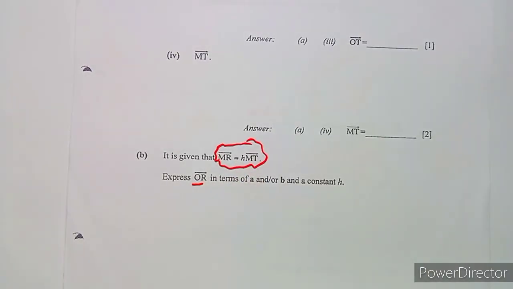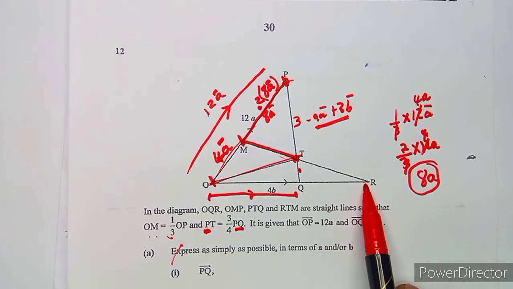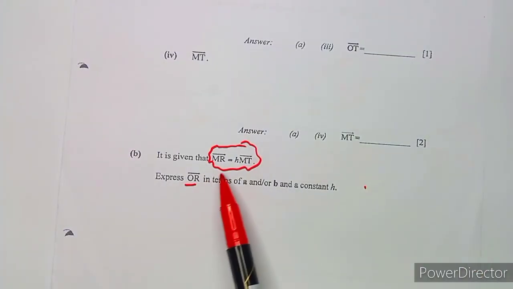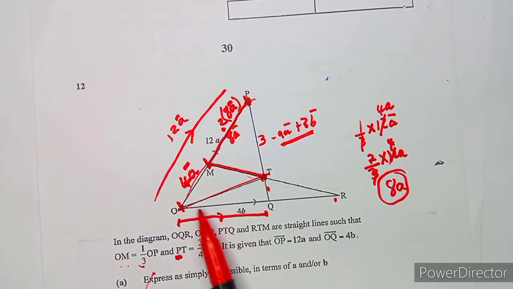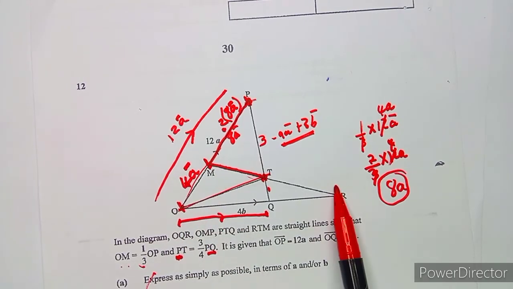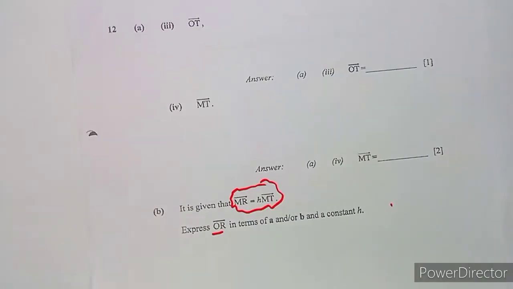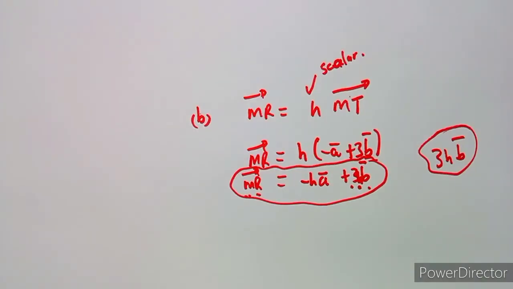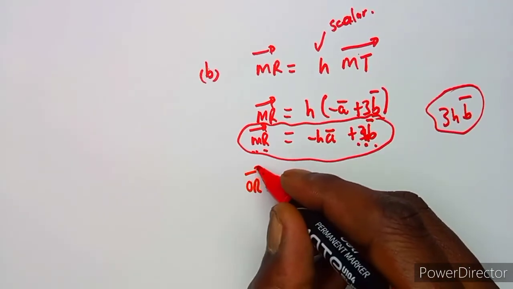Which route are we going to take from O to R, having MR as part of our route? We are going to use O to M and M to R to find OR.